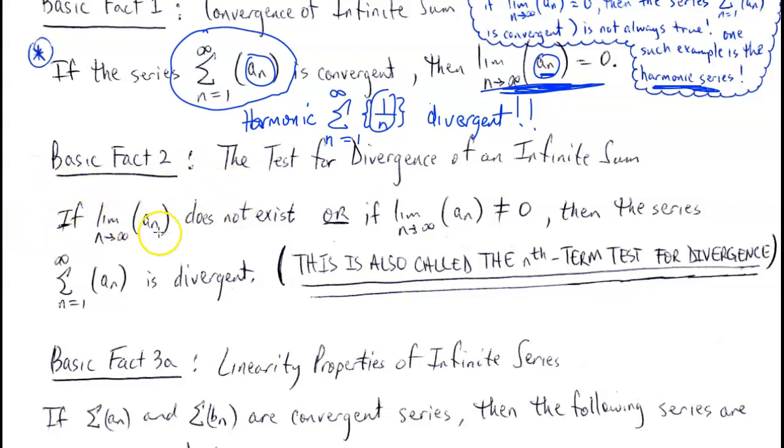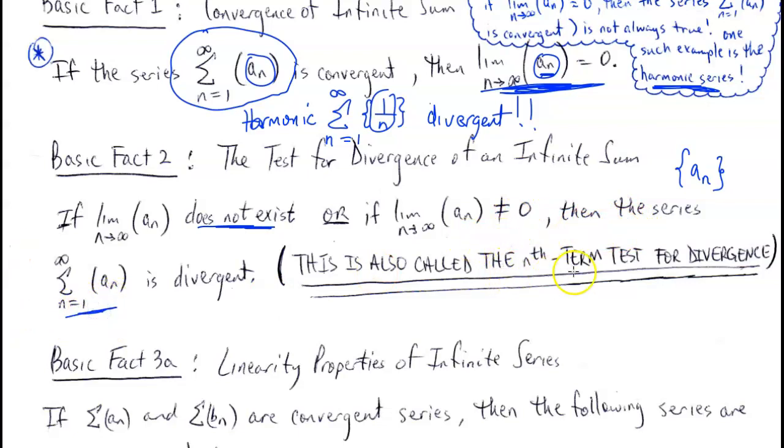If we take some sequence a sub n, and the limit of that sequence in its algebraic form does not exist, meaning it doesn't equal a real number, or if it does equal a real number but is not equal to 0, then we know that the corresponding series is going to be divergent.